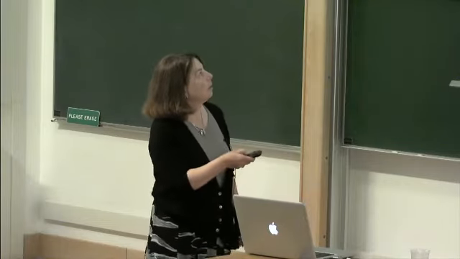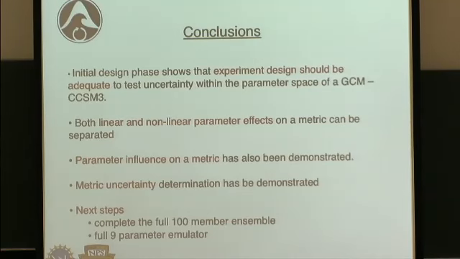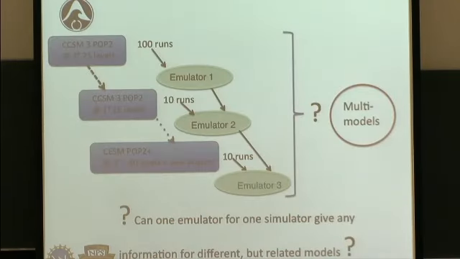So I think that we can look at the uncertainty in a GCM using these types of methods, because we can look at both linear and nonlinear effects. And then the next steps, I want to say a couple things about that. I'm doing this run up here using POP in CCSM3, with POP 2 at 25 levels, 3 degrees.